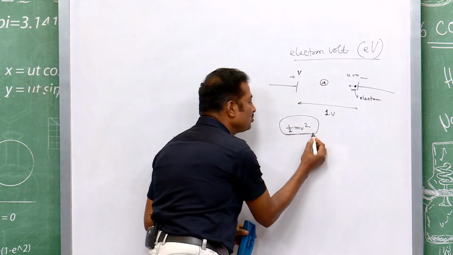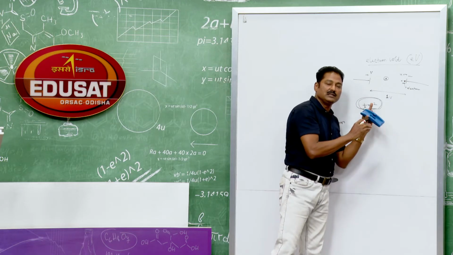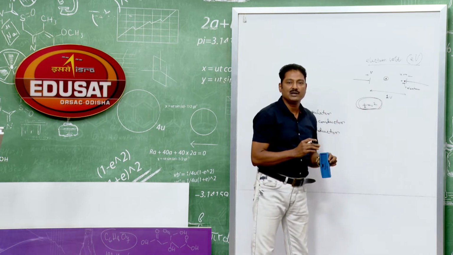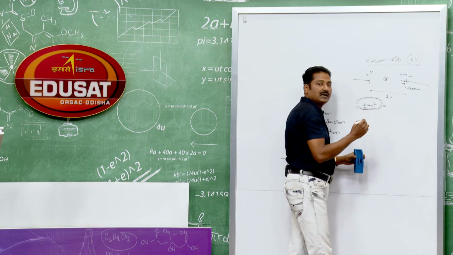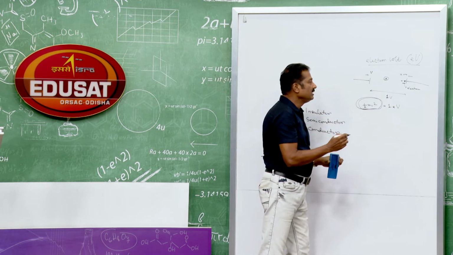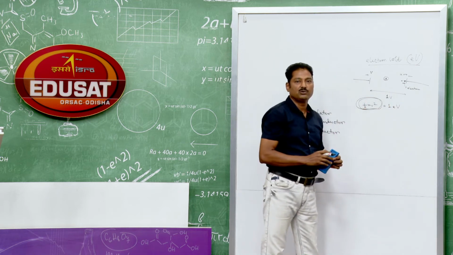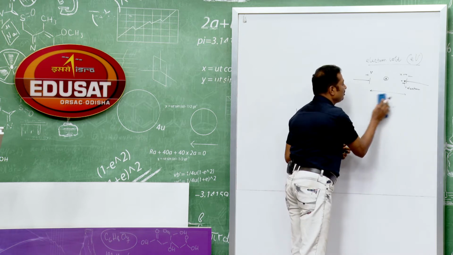This half m v square is the energy gained by the electron due to the electrostatic field, and this energy is known as the 1 electron volt energy, if it is 1 electron and 1 volt. So, this energy is called electron volt.